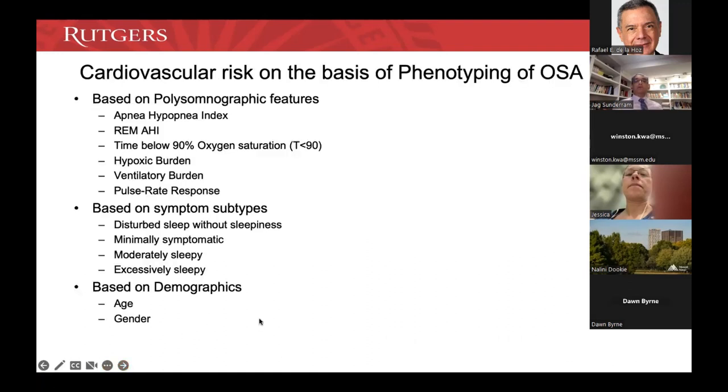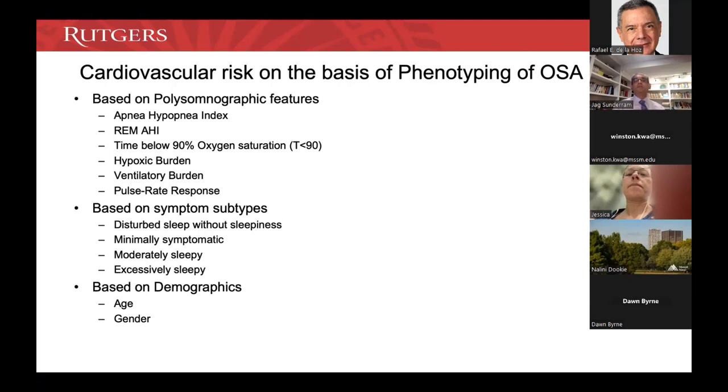So when we look at the cardiovascular risk on the basis of phenotyping OSA, one could look at it not just on the basis of the apnea-hypopnea index, but also on the basis of other potential polysomnographic features, such as the REM AHI, where in REM sleep, there may be much more desaturation events, and maybe that may be an important indicator.